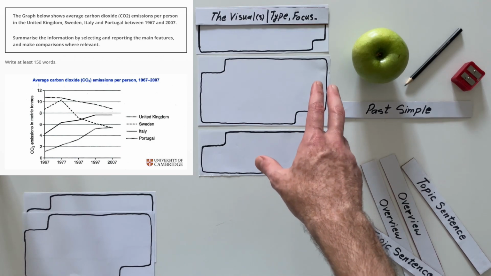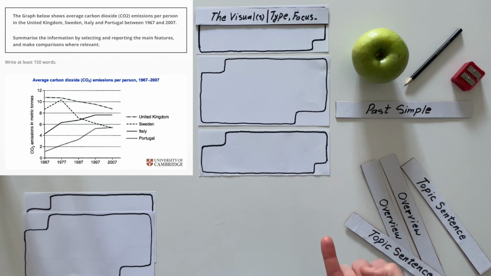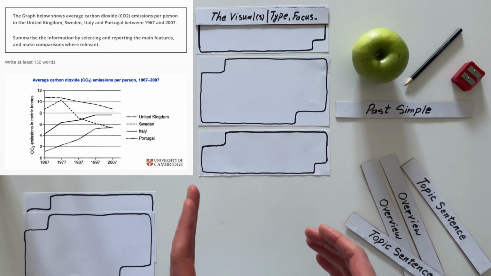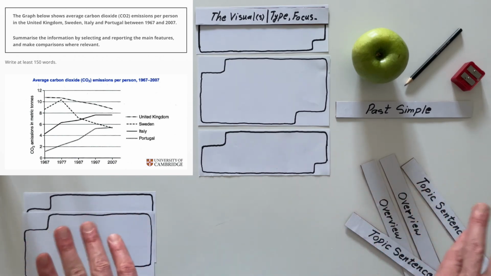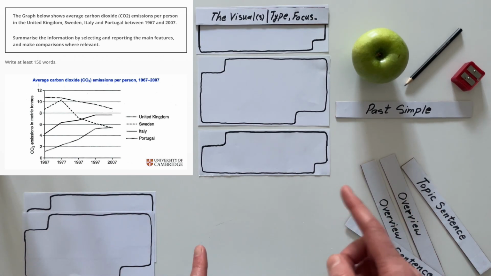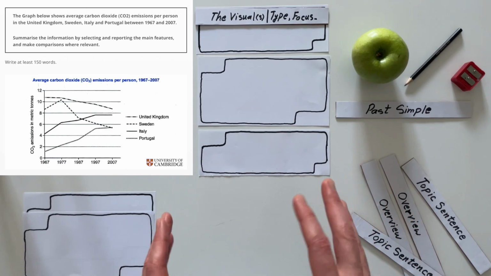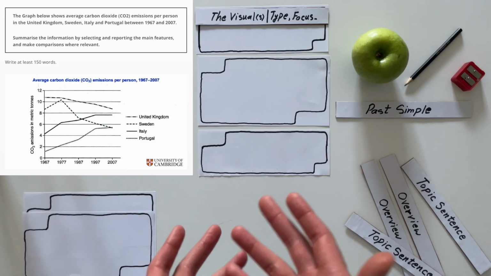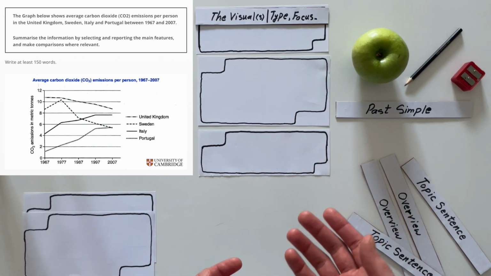Now let's look at the focus. I mean, what are the limits? One is time. We're only talking about 1967 to 2007. Nothing else. Nothing before, nothing after. And since it is a line chart, we actually can see the trend. So you may have an idea on the data between 1977, for example, and 1987, because the line chart is there.